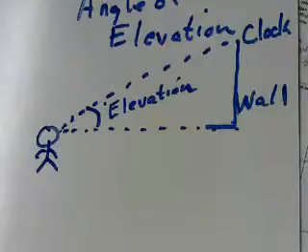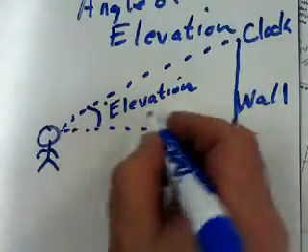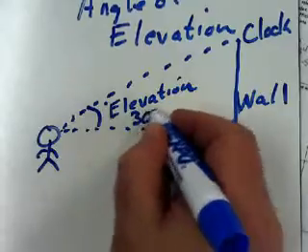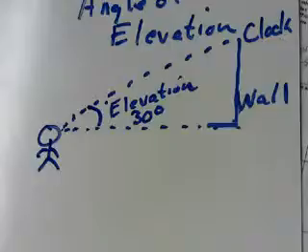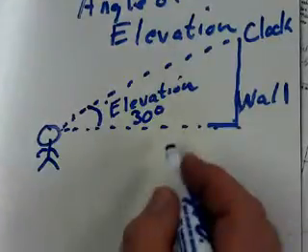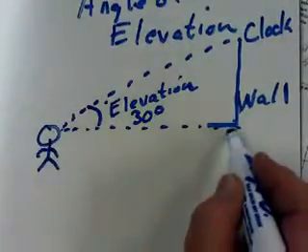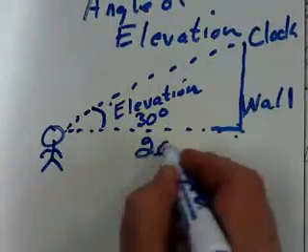Let's say that this is a 30-degree angle. And I know from where I sit to the wall is, I'm just going to make a number, 20 feet.